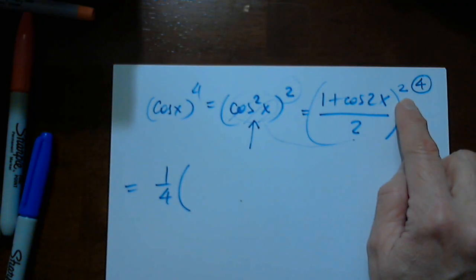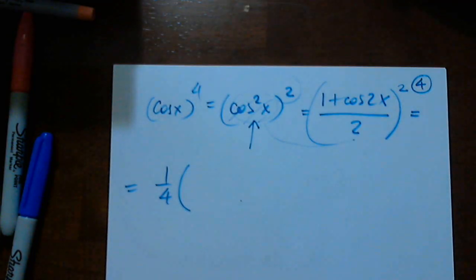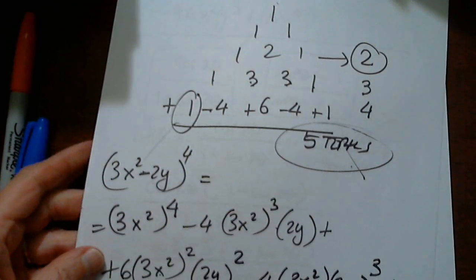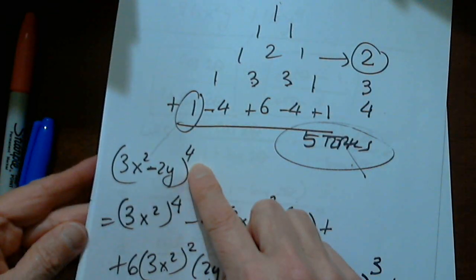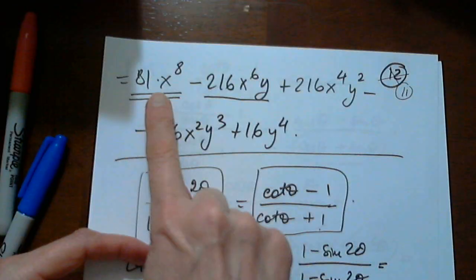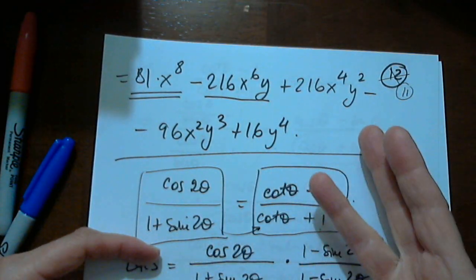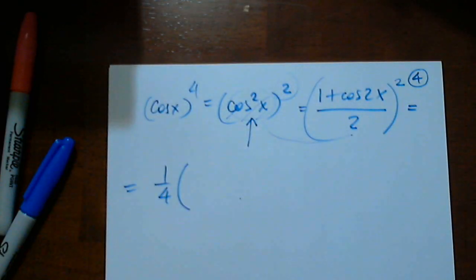Always 1 more than the power. So when we raise a binomial to the 4th power, we always get 5 terms. When we raise to power 2, we have to get 3 terms. When we raise to power 10, we have to get 11 terms.